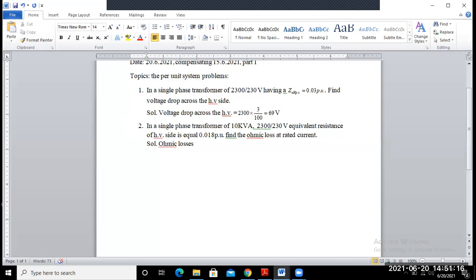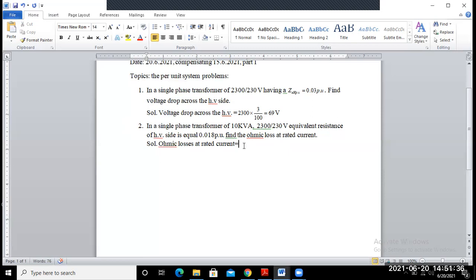That means 0.018 per unit equivalent resistance of the HV side times the power rating.